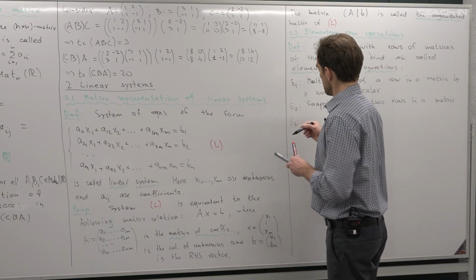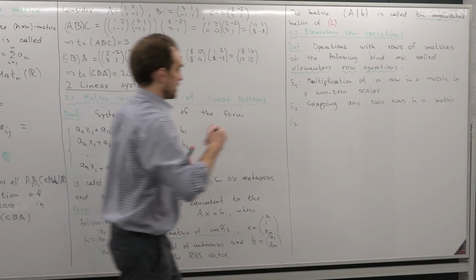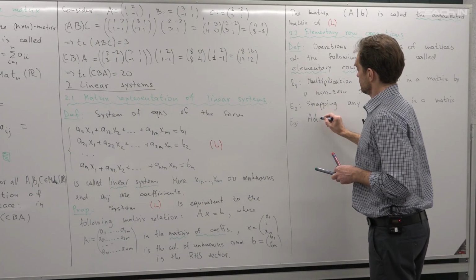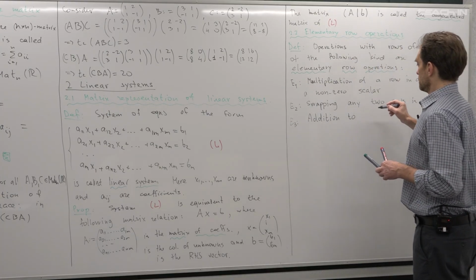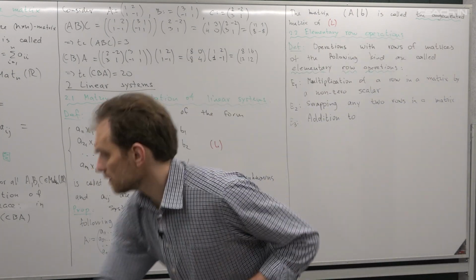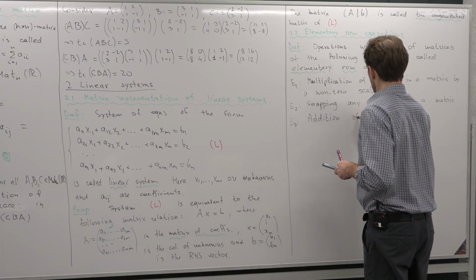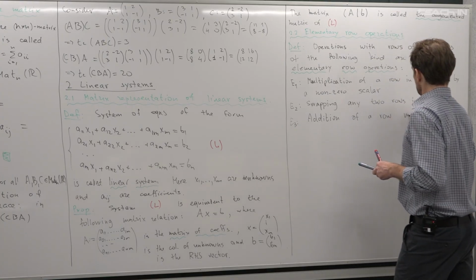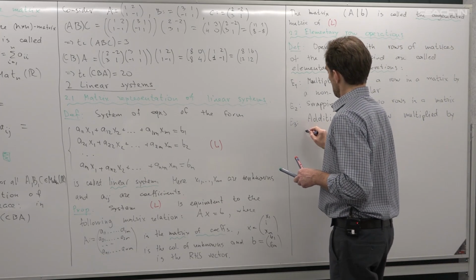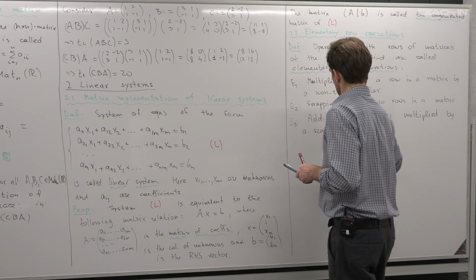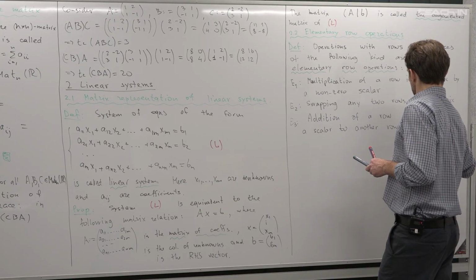And the third type is addition, better to say it slightly another way, addition of a row multiplied by a scalar to another row of a matrix.